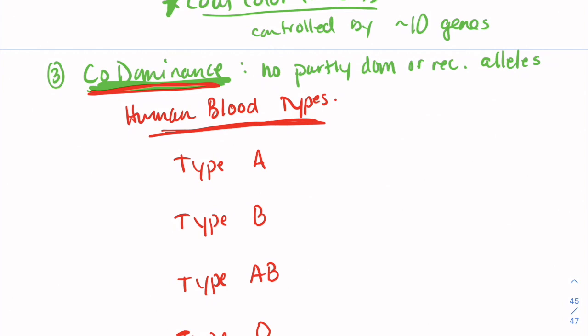Everybody can receive type O blood. Whereas type AB we call the universal recipient. People with type AB blood can receive blood from type A people, from type B people, from type AB people, from type O people.